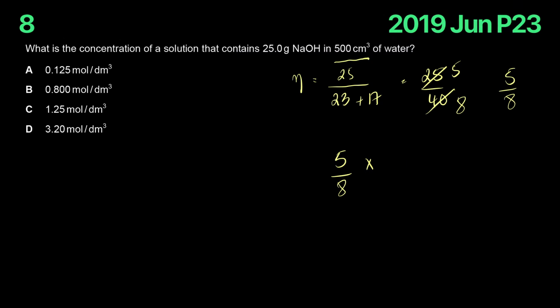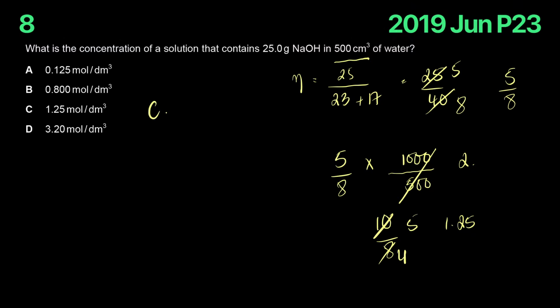Or I can divide it first by 500, then multiply by 1000, which is, in other words, multiplying it by 2. So that's 10 over 8, and that's going to be 1.25. Because 2 times 4 and 2 times 5. The answer is C. Yay! I miss doing maths like this. What do you guys think? Was this easy? I don't know why this was considered a difficult question.